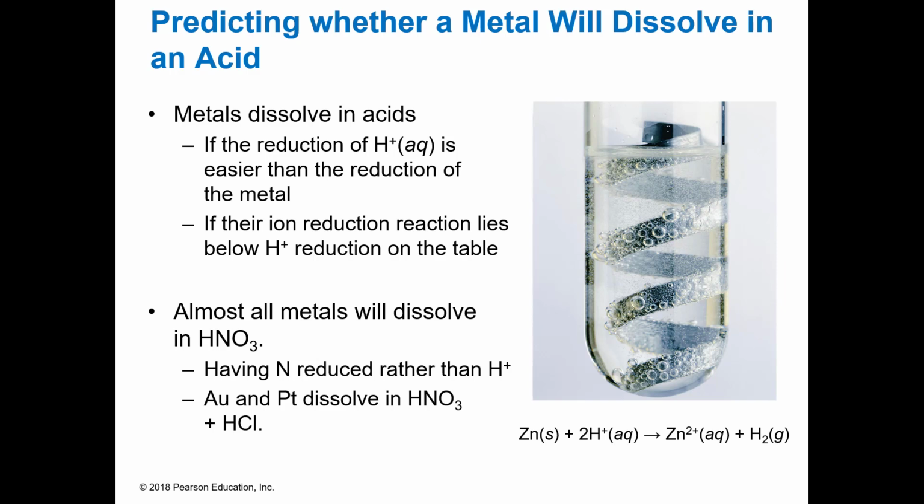So for nitrogen in nitric acid, can you tell me what the oxidation number would be? Maybe hit pause, see if you can figure it out. All right, you should get positive 5 because oxygen is -2, and you have 3 of them, so that's -6. Hydrogen's a positive 1, so that means the nitrogen's a positive 5.